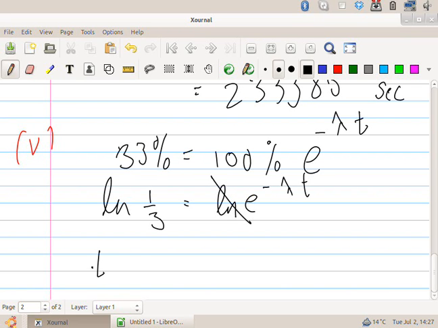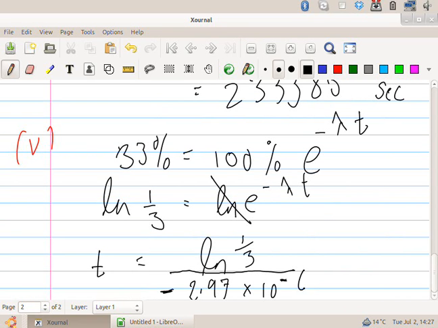So I get t, because this is minus lambda t, so t equals log 1 over 3 all over minus lambda, which is 2.97 times 10 to the -6, and you should get about, well, also very large. 369903.127. So that many seconds. Actually, that turns out to be about 103 hours.